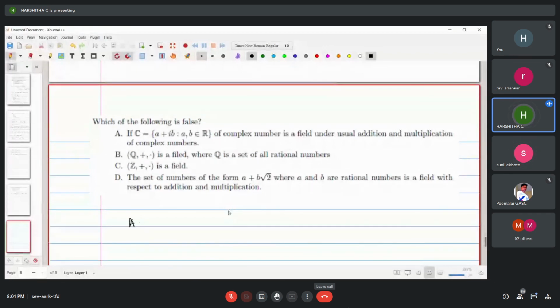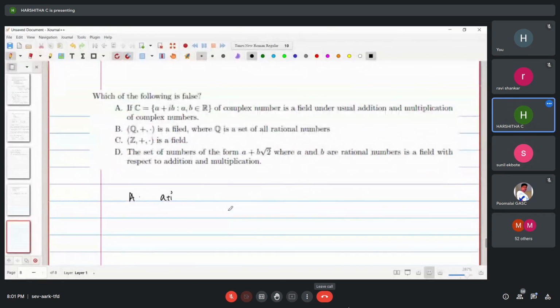The inverse of a + ib is 1 by a + ib, and you can rationalize it, giving (a - ib) by a^2 + b^2. So this is a field.